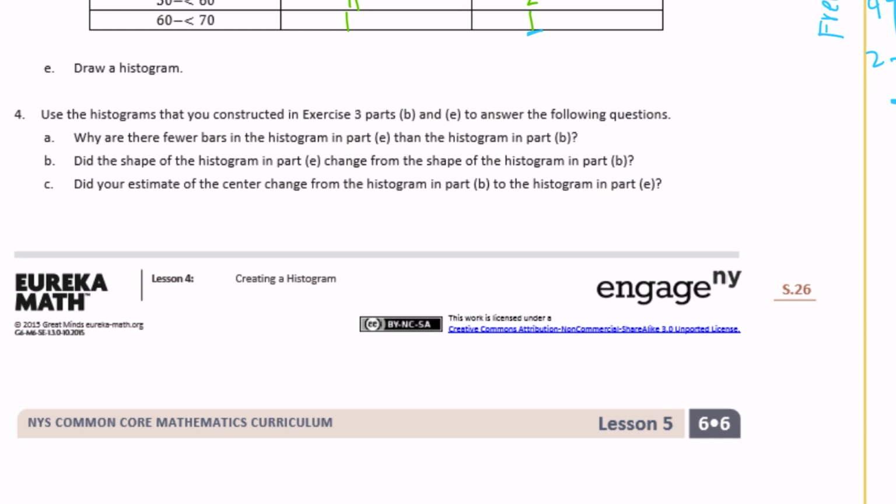Okay, use the histograms you constructed in exercise 3 in parts B and E to answer the following questions. Why are there fewer bars in the histogram in part E than the histogram in part B? Well, we combined intervals, so we combined the data.